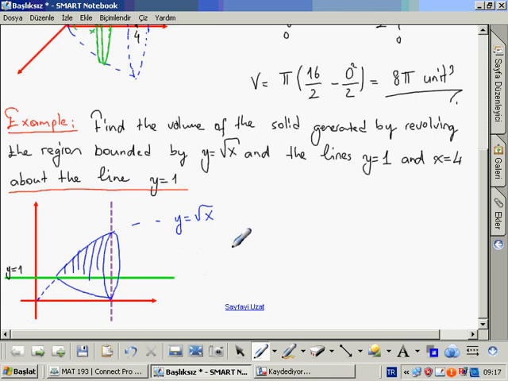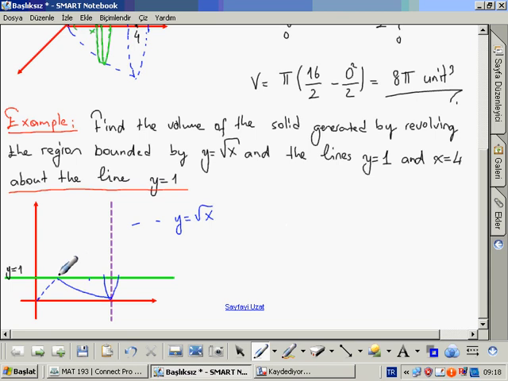Maybe this part can be resketched again, because the center of this solid will be the y equals 1 line.